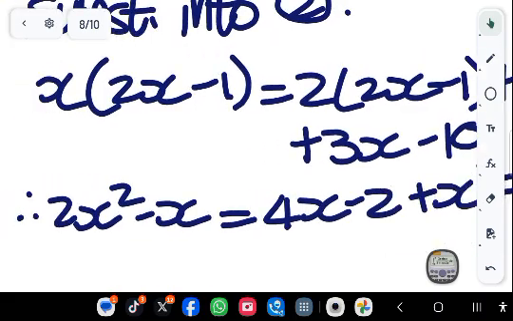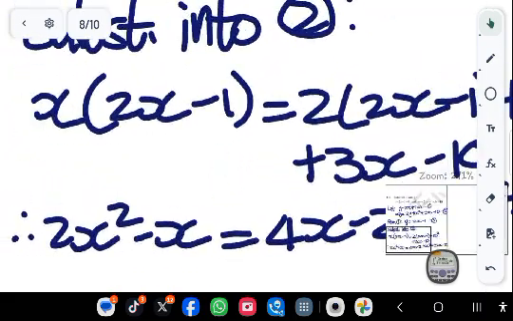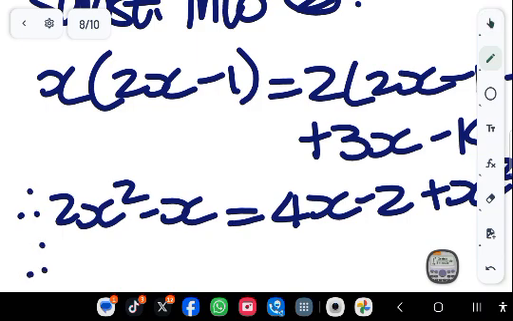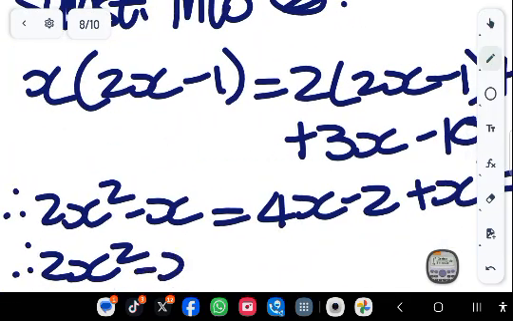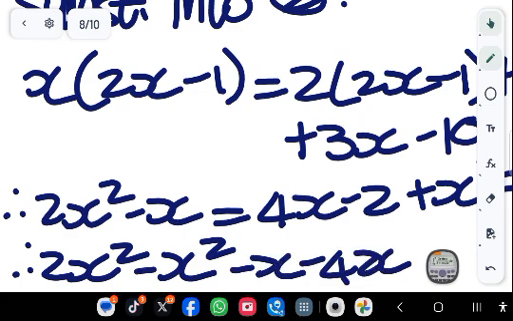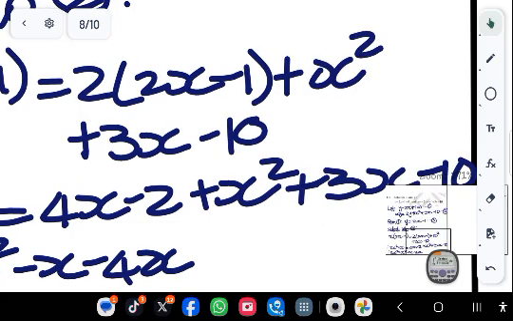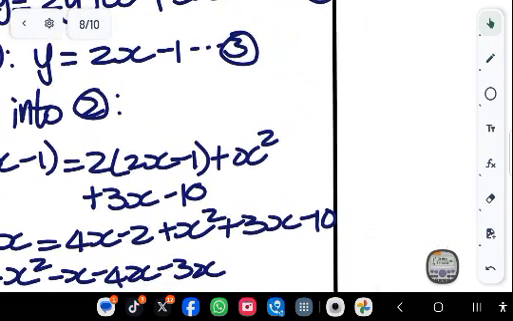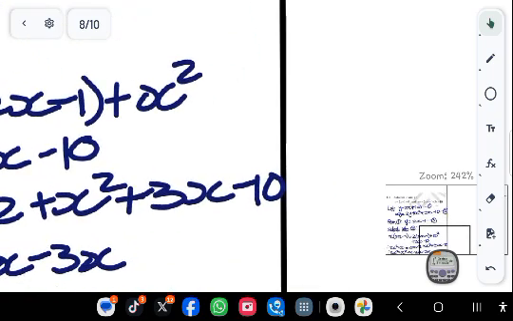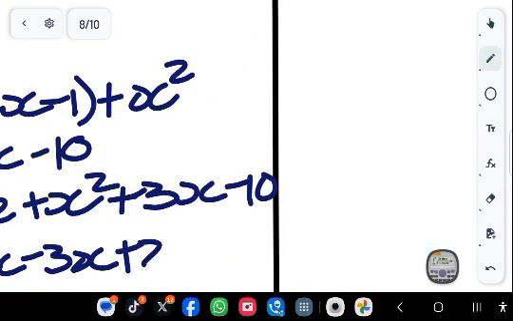Now you take everything to the left hand side. Alright, so that becomes 2x squared, minus x squared, and then minus x minus 4x, and then minus 3x, we're taking the x's, and then the numbers would be 2 plus 10 equals 0.